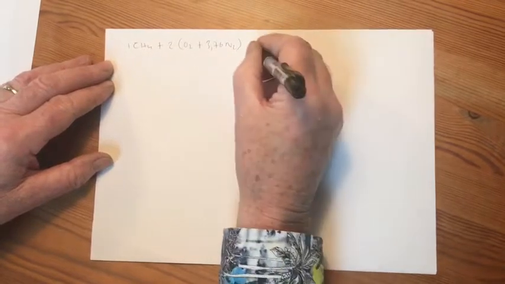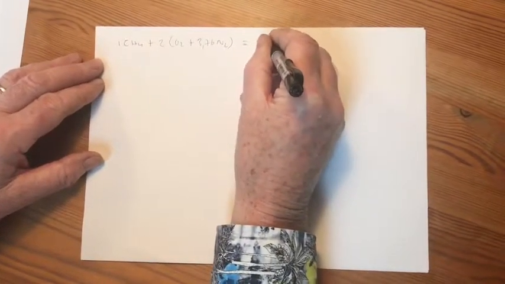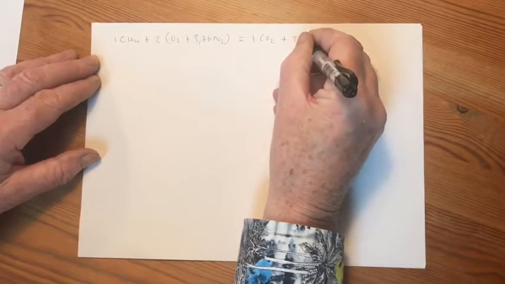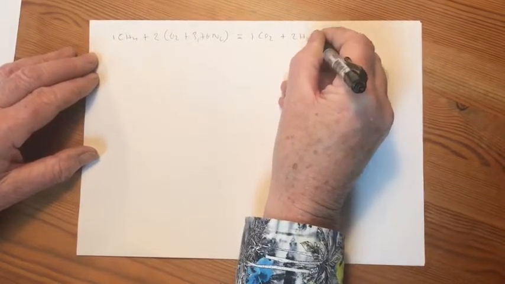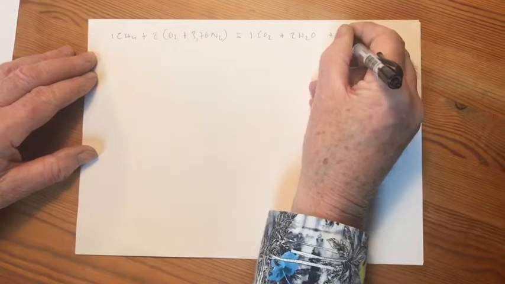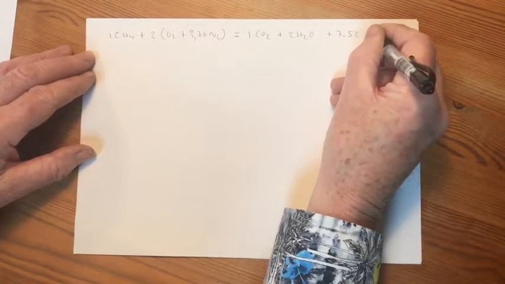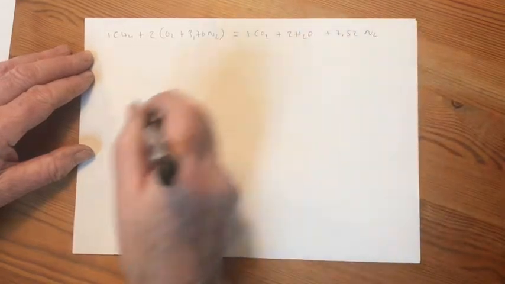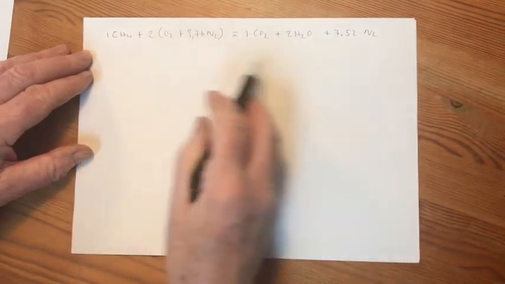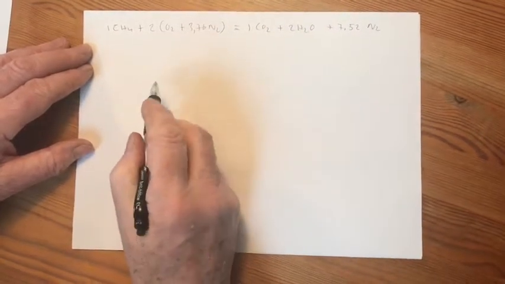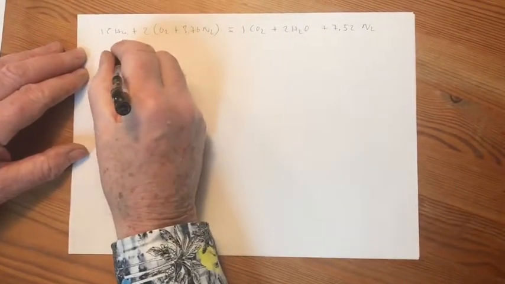That is equal to 1 times CO2 plus 2 times H2O plus 7.52 times N2. So that's our equation. We have all the coefficients. So it might be really nice to check for mass conservation.